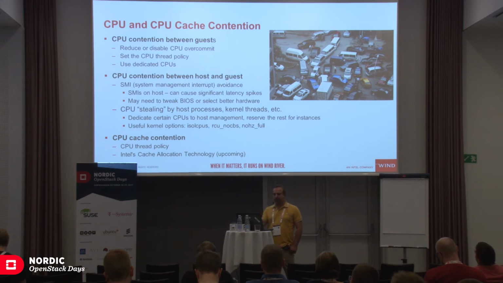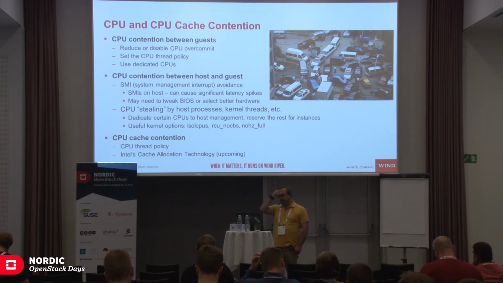So in this case, if you are using hyper-threading, use the thread policy again here to set the policy for your hypervisor. And there are some other cache allocation technologies coming up that are very useful in this case, so that you can avoid this contention for accessing the cache.